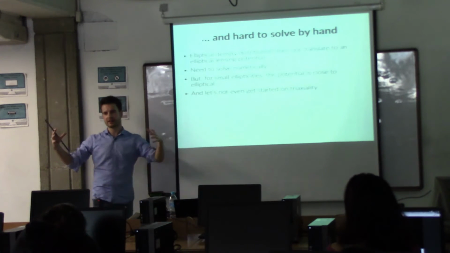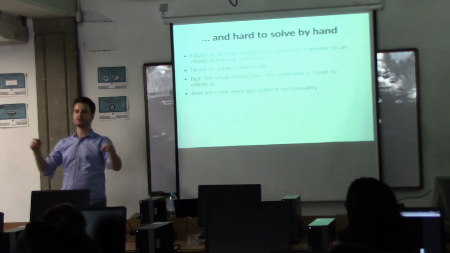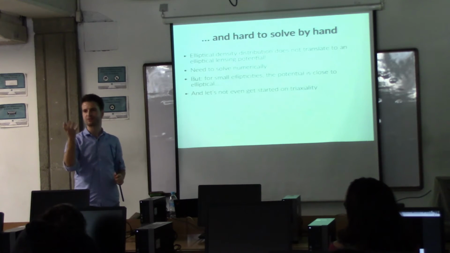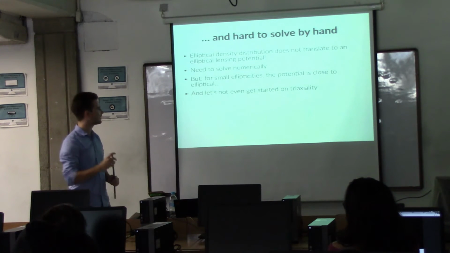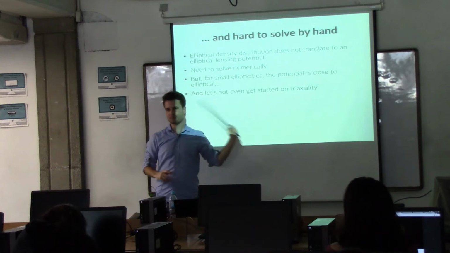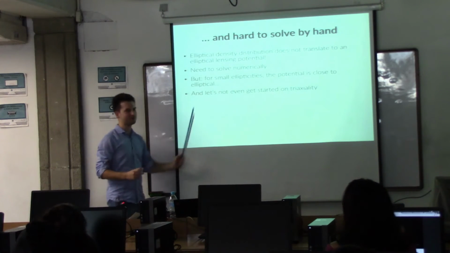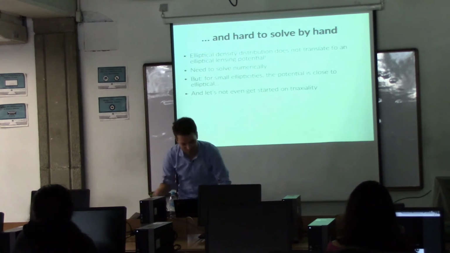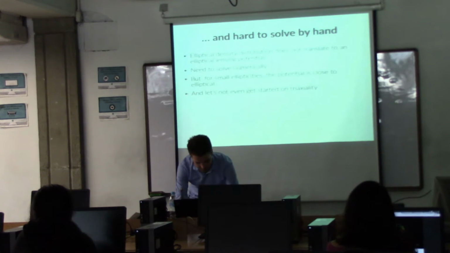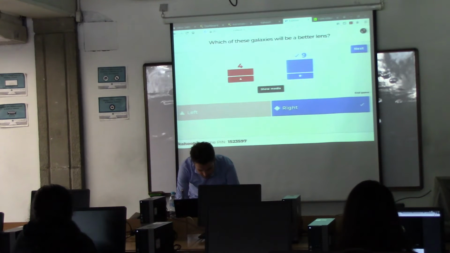Even an elliptical galaxy is not only elliptical in 2D, it's elliptical in 3D. It has some 3D triaxiality, which I'll completely ignore for the rest of the course and most of my career, because that's a bit too much.